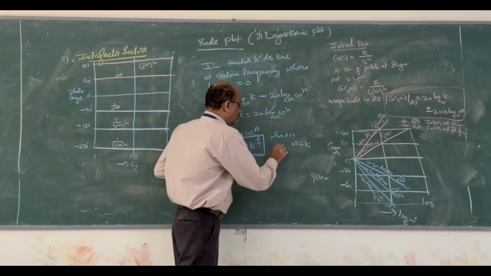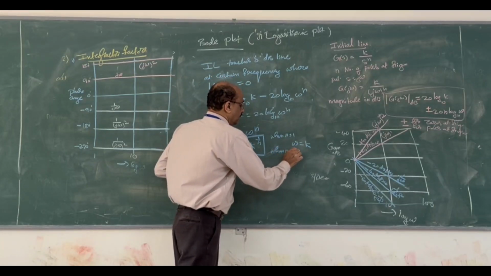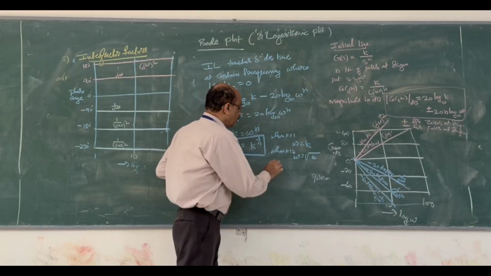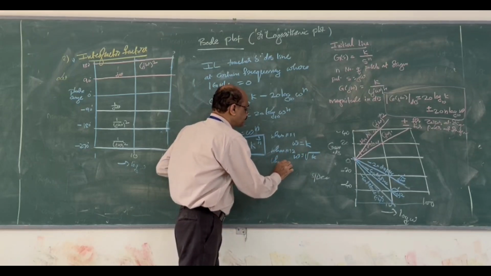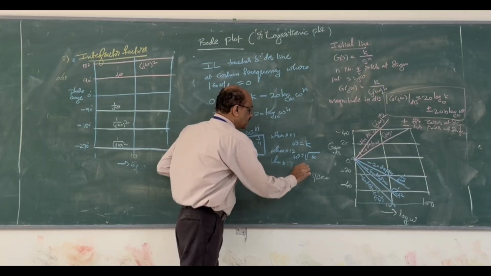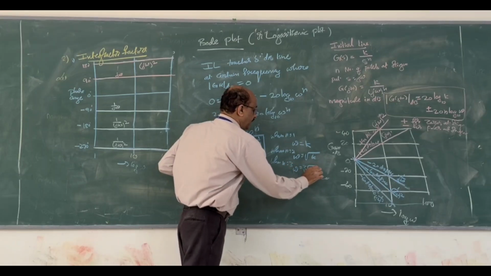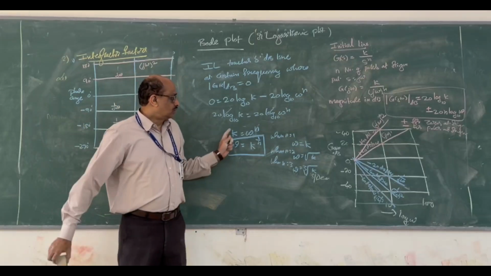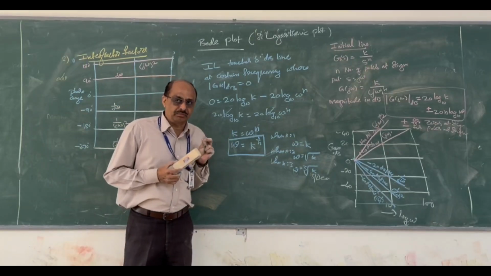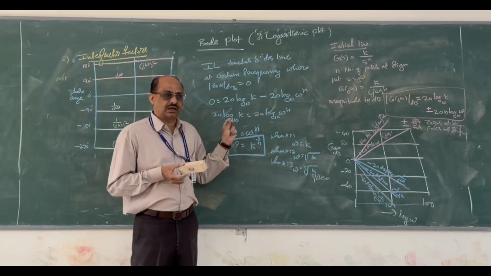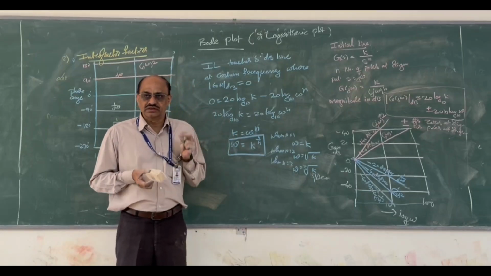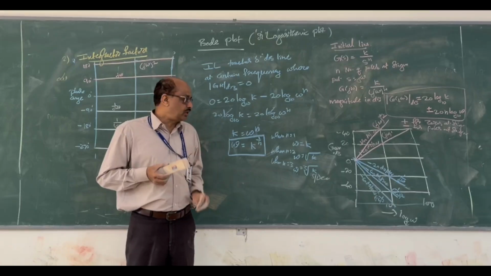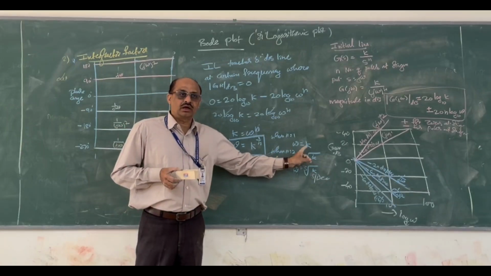When n equal to 2, it meets at root of k. When n equal to 3, it meets at cube root of k, and so on. I am repeating, it is very important: the initial line meets the 0 dB line at omega equal to k.